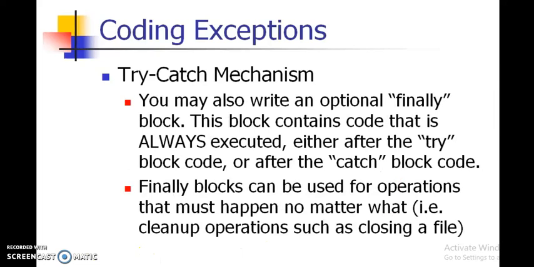Along with this try and catch mechanism, we can also include one more block called the finally block. This block contains the code that is always executed whether an exception is raised by the try block or not. Usually this finally block is written after the catch block code or the try block code.